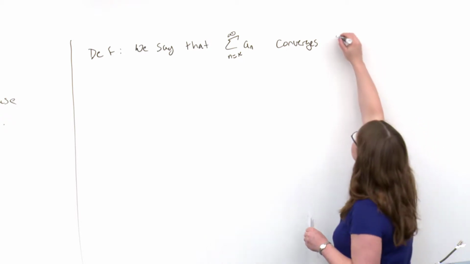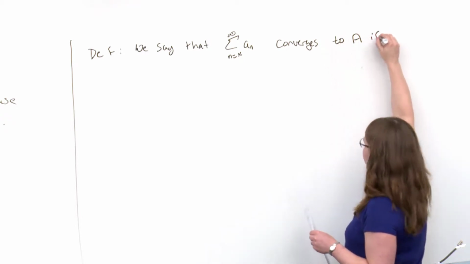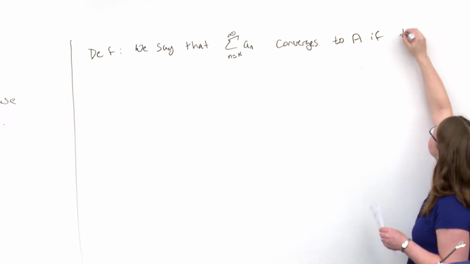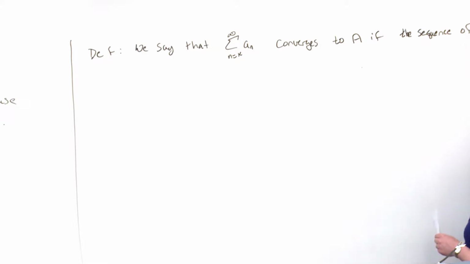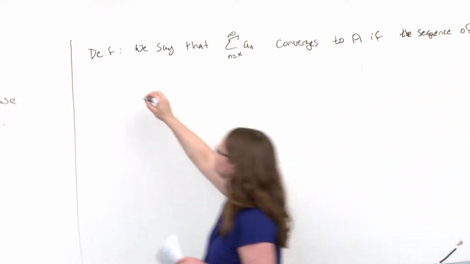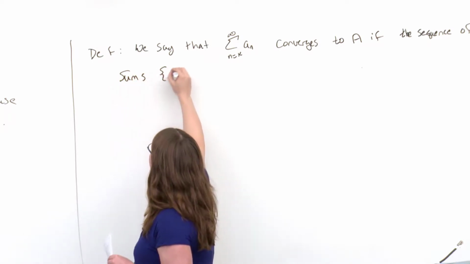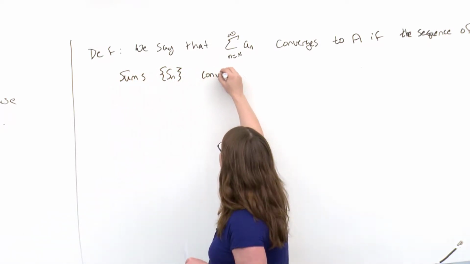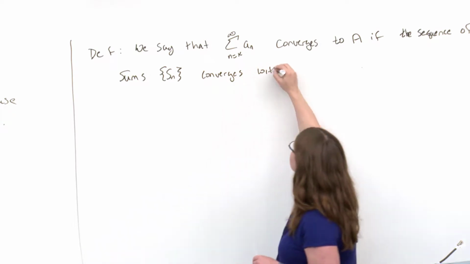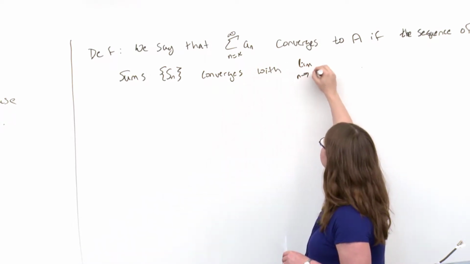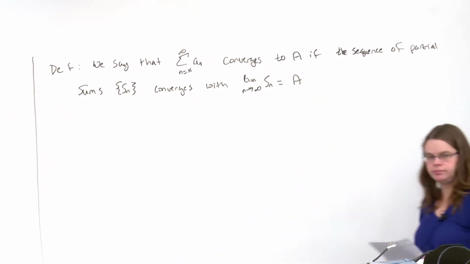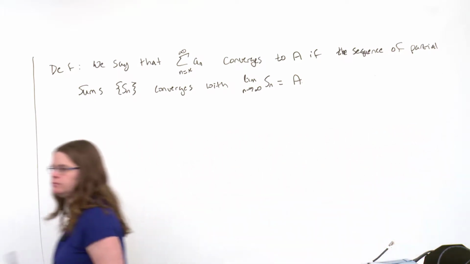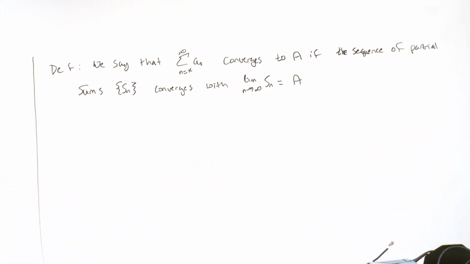So we're going to say this converges to the number a if the sequence of partial sums S_n converges, with the limit of these things equal to a. This is a reasonable definition. Any questions on that? Okay, so we'll work with that.